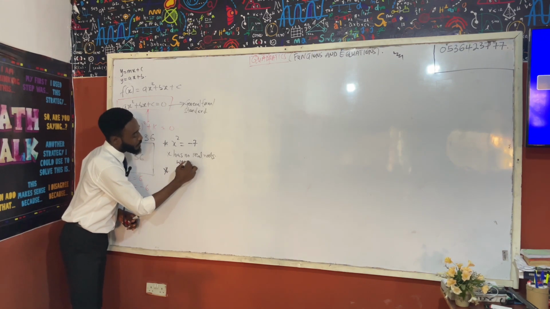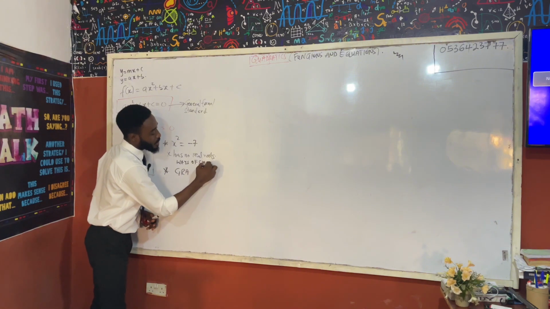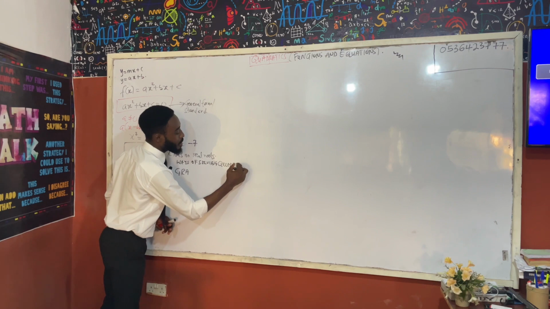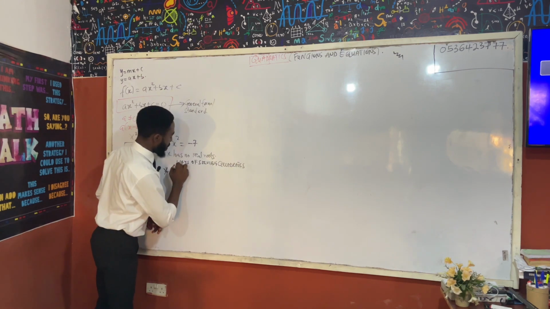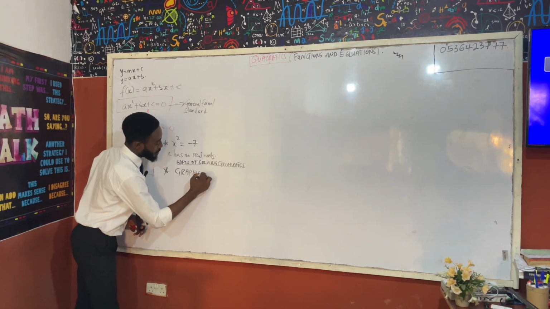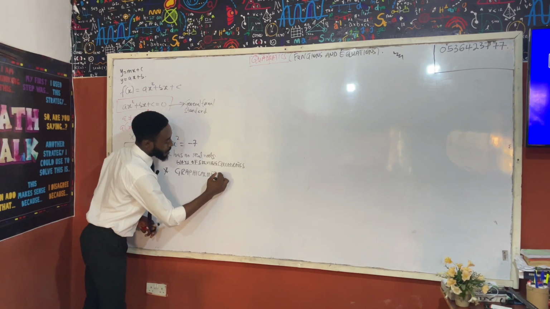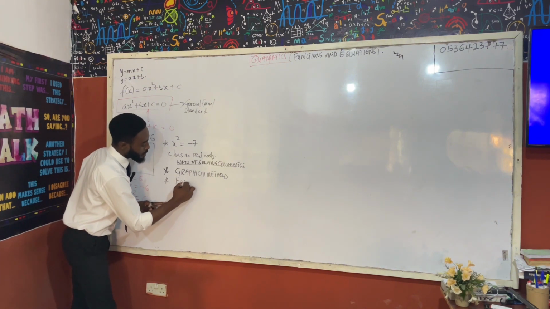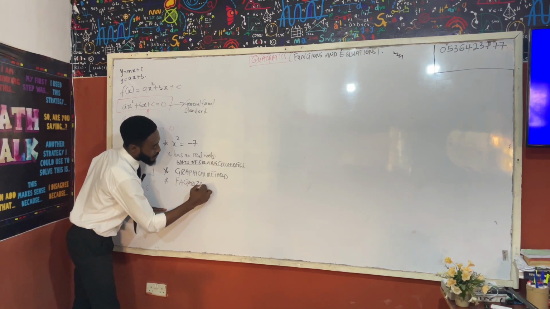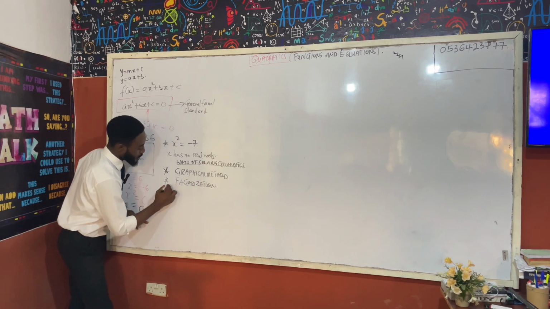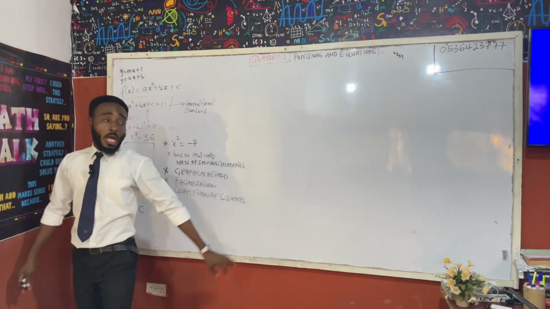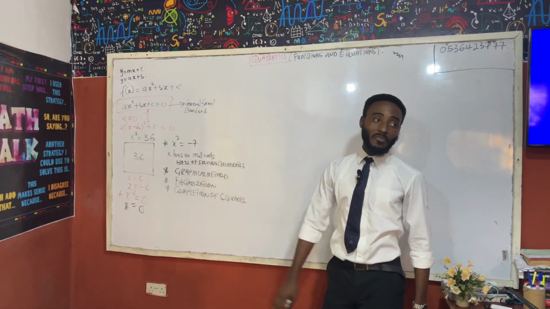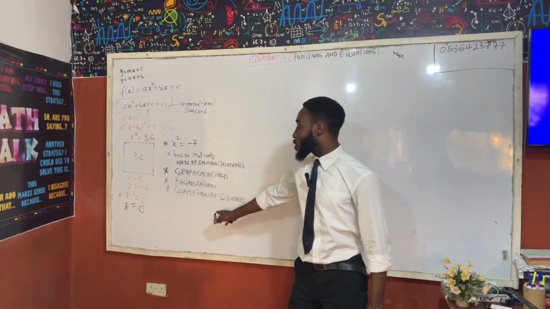So, ways of solving quadratics: we have the graphical method, then we also have factorization, and the last one is completion of squares. All right, so we can use any of these three methods to solve a quadratic equation. We can use the graphical method, we can use factorization, or we can use completion of squares.